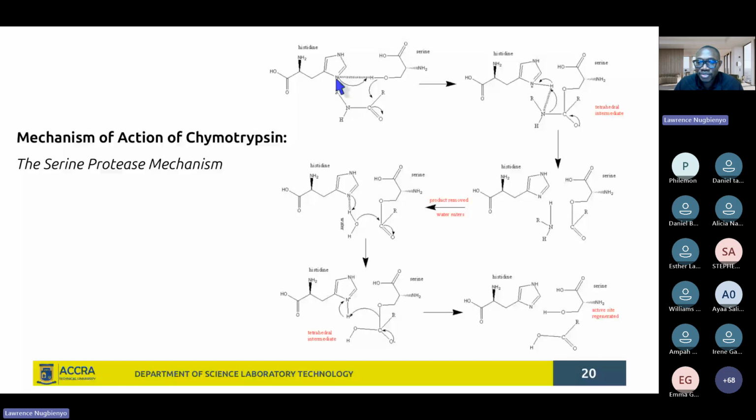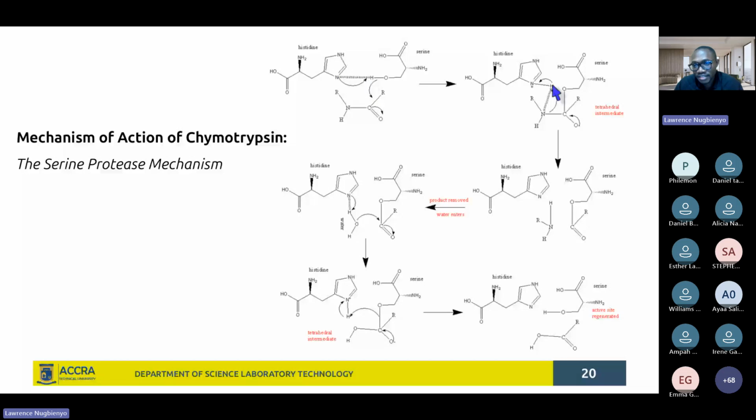Now, the hydrogen from the hydroxyl group of serine is transferred onto that nitrogen of the imidazole ring of histidine.